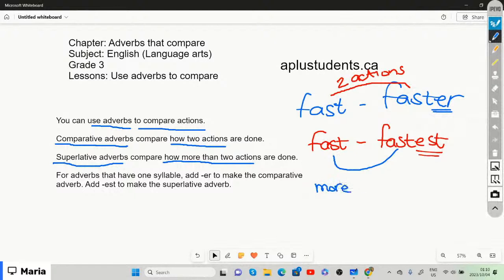So we say more than two actions. And this is comparative adverbs and superlative adverbs.